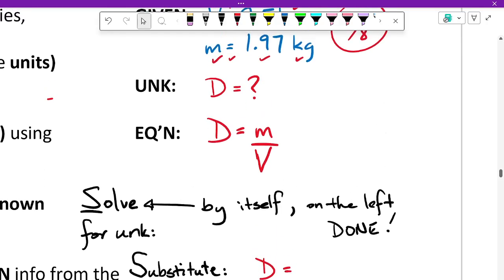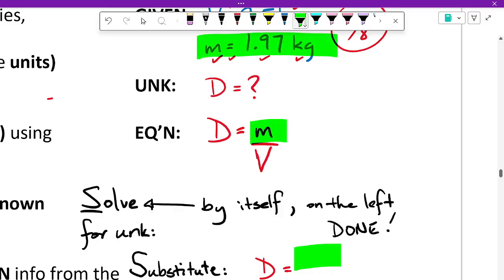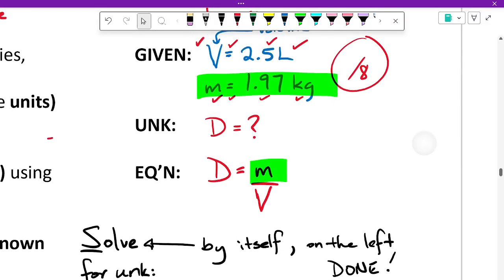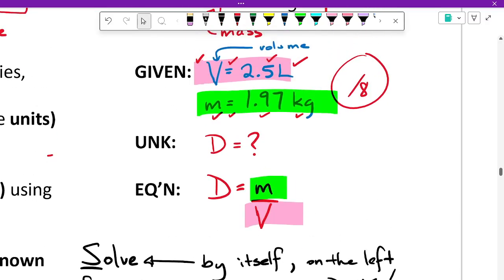Instead of M, we write 1.97 kilograms. And we will put that over, what are we going to put on the bottom? On the bottom, we are going to put 2.5 liters.